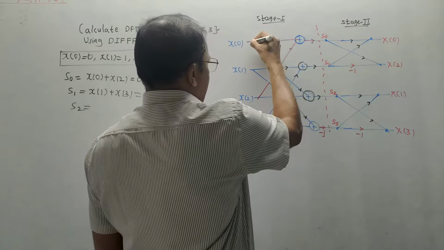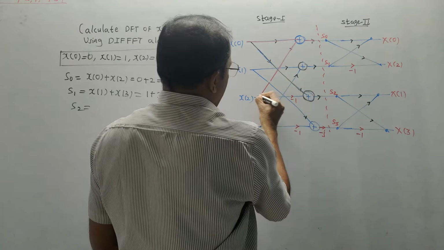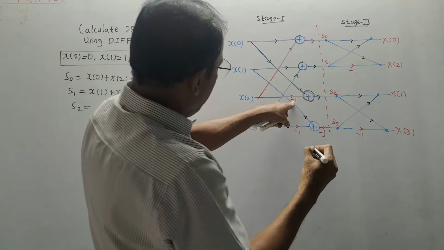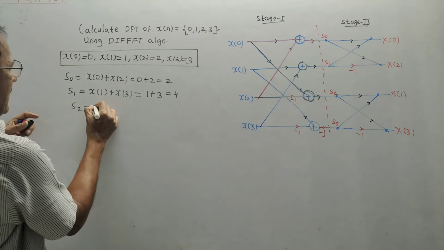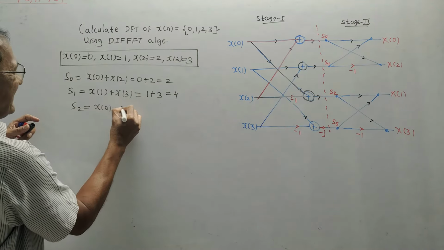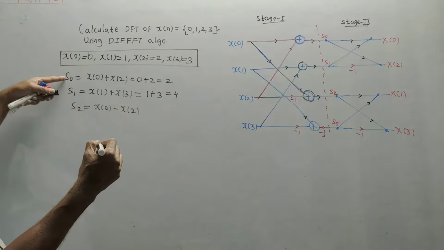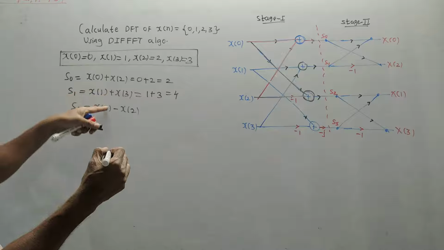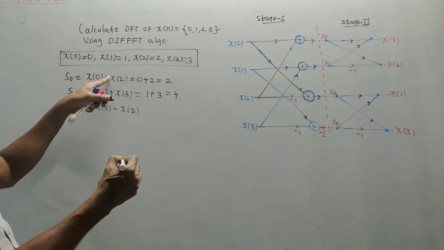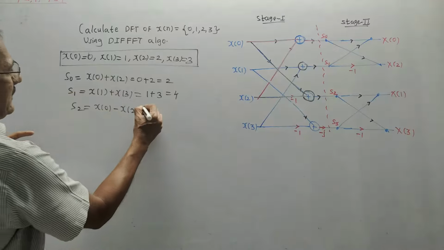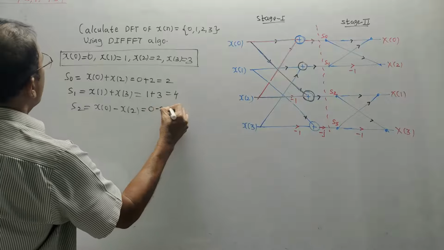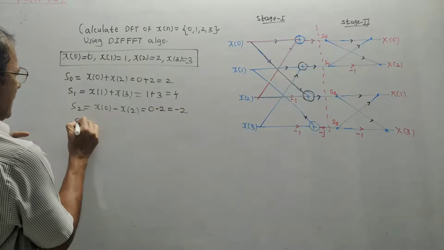Which lines are connected? This line and this line multiplied with -1. So it is x of 0 minus x of 2. Again, if you forget this calculation, then simply it is negative of S0. So instead of plus sign, you need to write minus sign. So it is 0 minus 2, which is equals to -2.